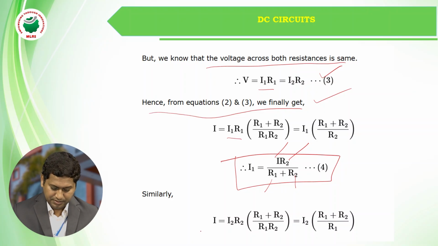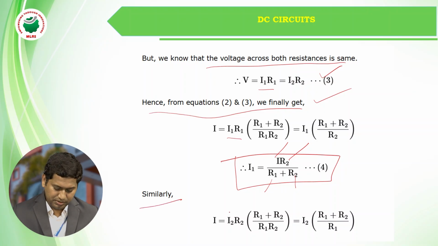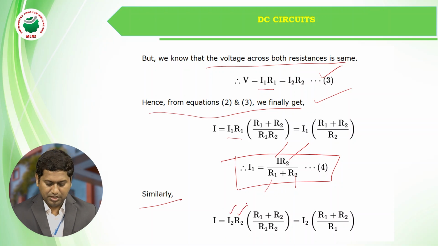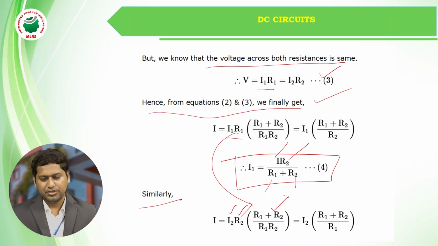Similarly, we are going to get I equal to I2, the same thing, divided by R1 into R2 multiplied by R1 plus R2. So I am going to get I2 into R1 plus R2 divided by R1.